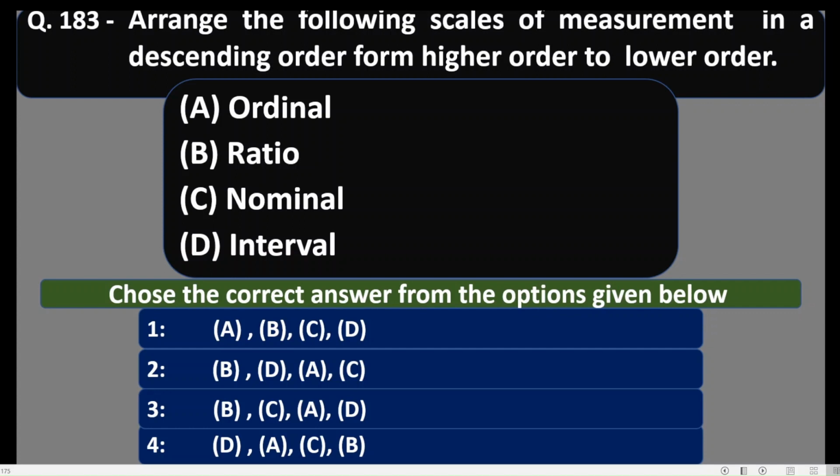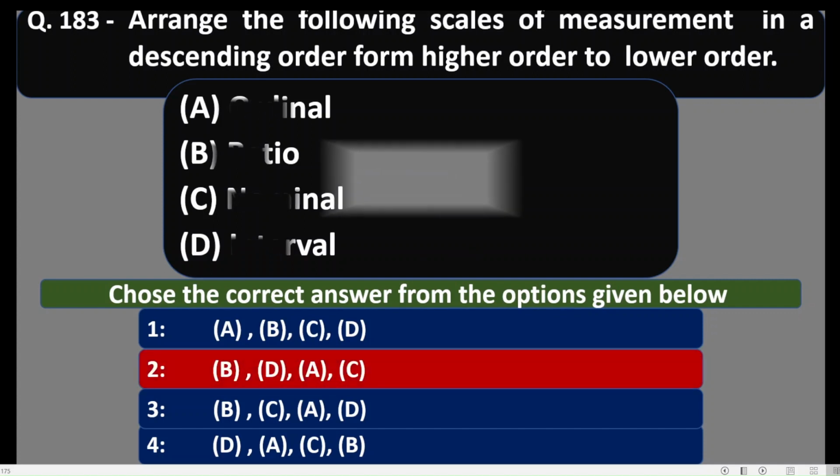The higher order scale is ratio. So B will come first. Then after that, second higher order scale is interval. Then third higher order scale is ordinal. And last is nominal. So option number 2, BDAC, in that way.